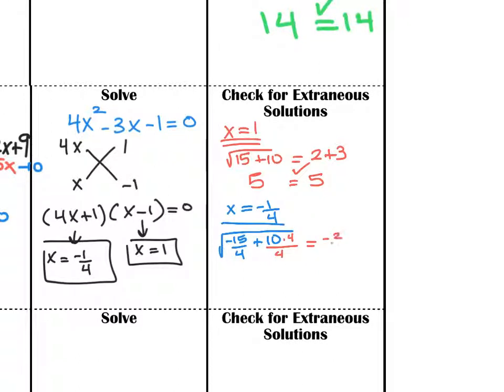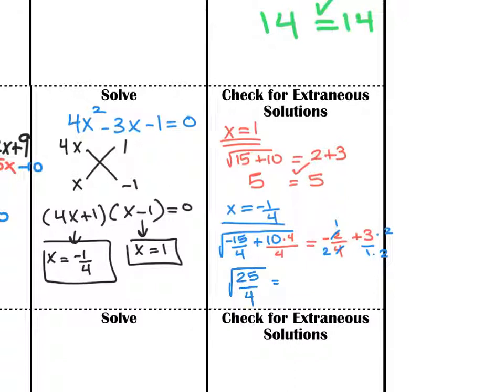So that's negative 2 over 4 plus 3. Okay? So again, I can simplify this. Negative 15 over 4 plus 10 times 4 over 4, so that's 40 minus 15, which is going to give me 25 over 4.